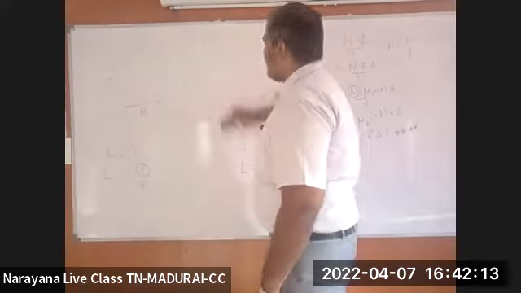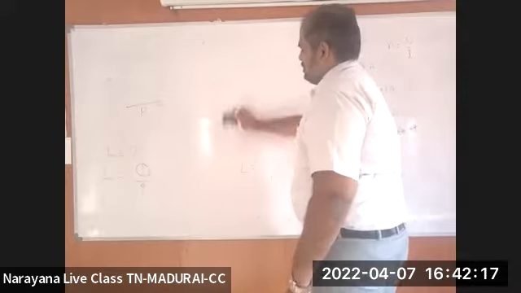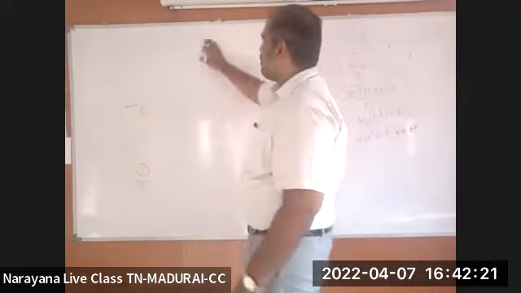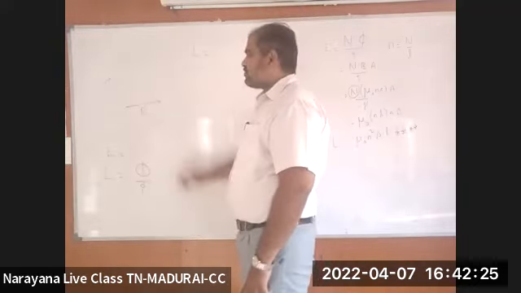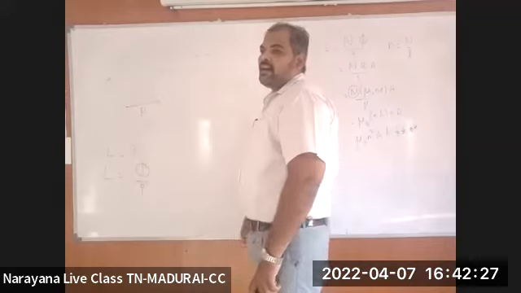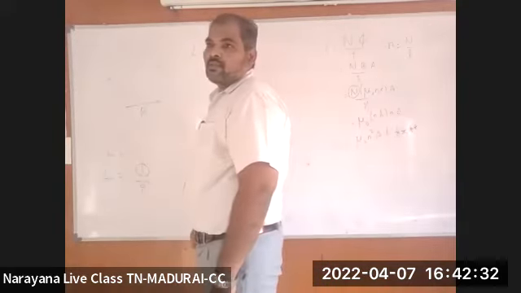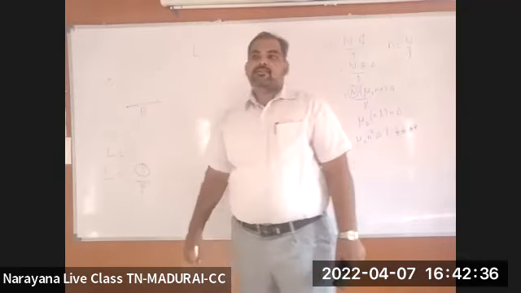What is the magnetic flux passing through this coil? L equal to how much? Magnetic flux passing through the center. This I have drawn very large, but actually it is very small. The center is almost equal to its circumference.